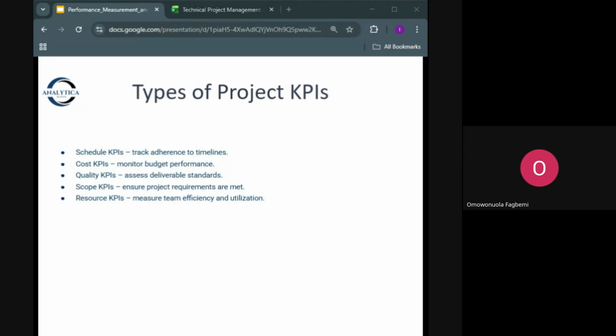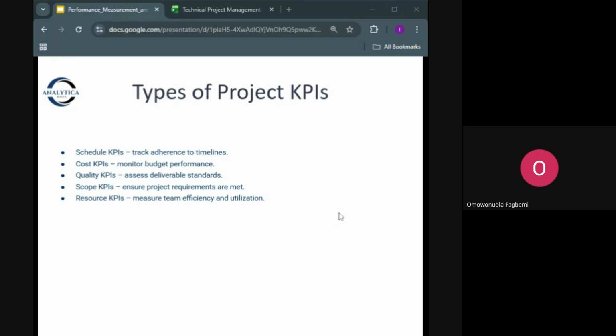We have quality KPIs. Is the work done meeting standards? Are there any cracks? Is there proper finishing? You have scope KPIs. Are we delivering the full bedroom duplex as designed without cutting corners? We also have resource KPIs.